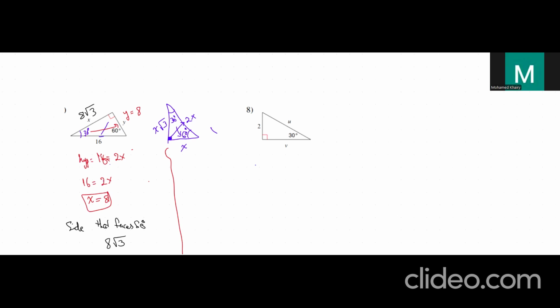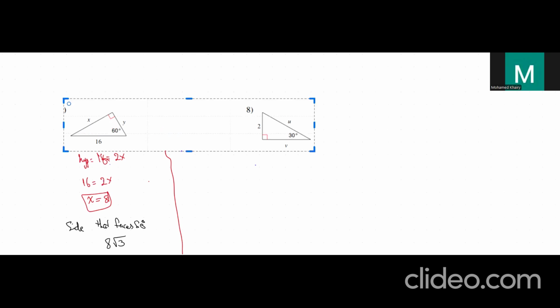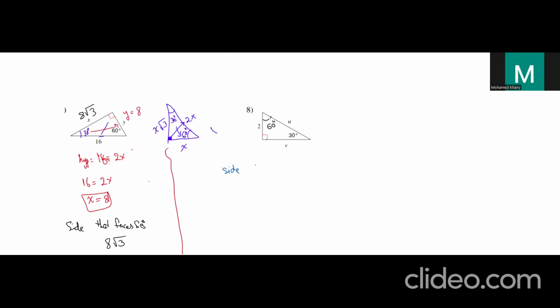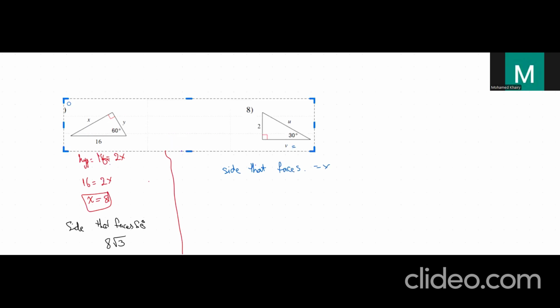Okay, let's solve one more here. He told you this is 30, and this is 90. Based on this, this one is what? 60. And the unknown here is what? The hypotenuse plus the side that faces 60. So what is the hypotenuse here? The side that faces 30 is x, right? So x here equals 2.